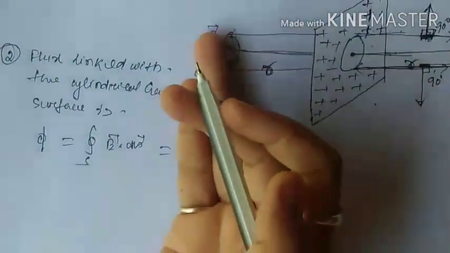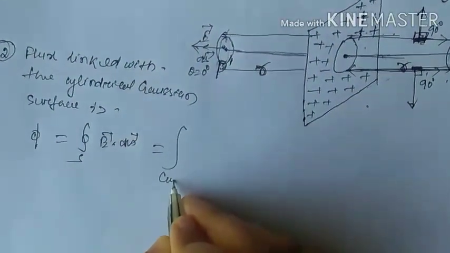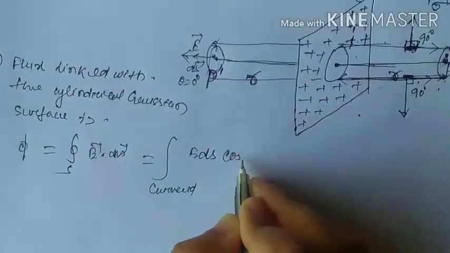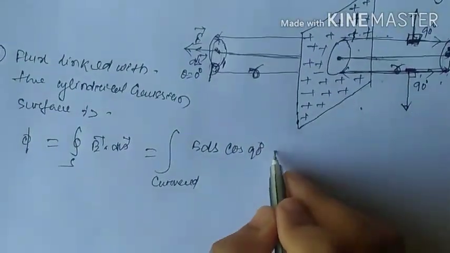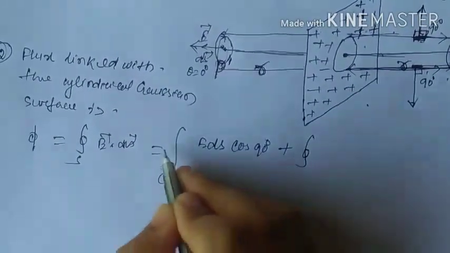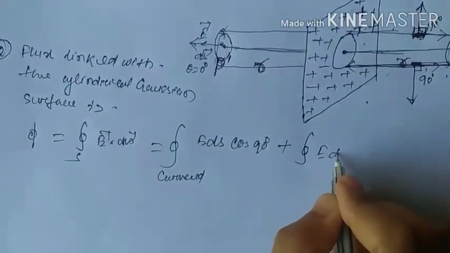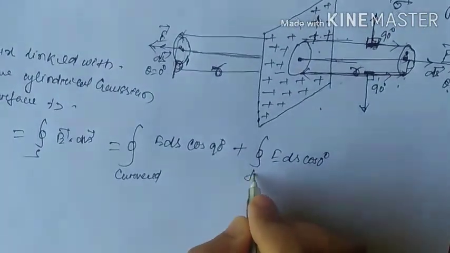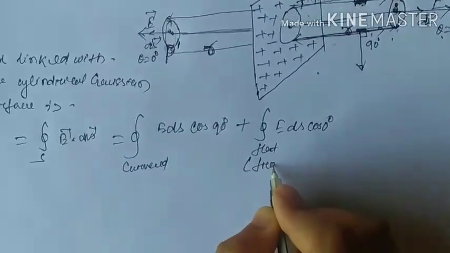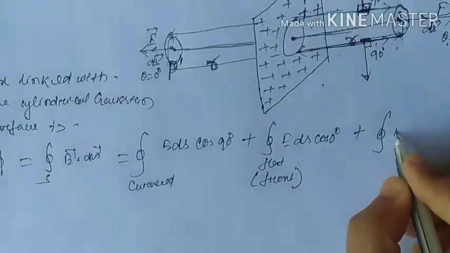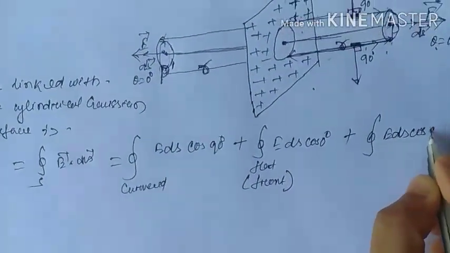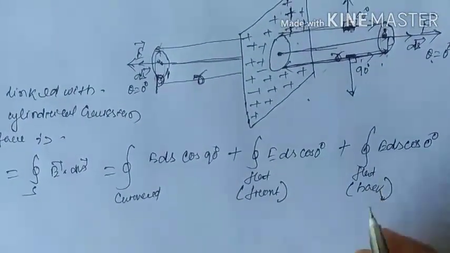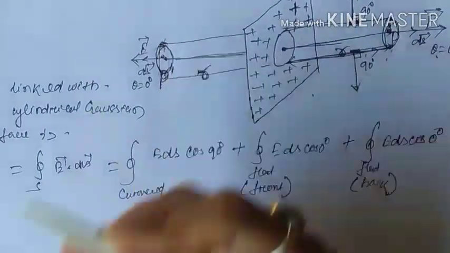Front side and back side. So what we can write? Curved: integral E ds cos 90 degree, here the angle is 90 degree, plus the closed integral E ds cos 0 degree for the flat face, which one? Front, plus E ds cos 0 degree for that flat surface, which one? Back. One front, one back.